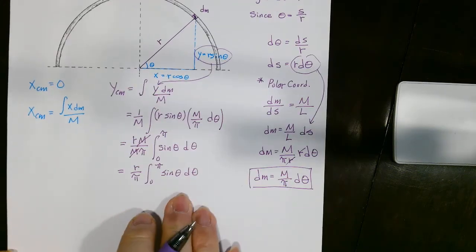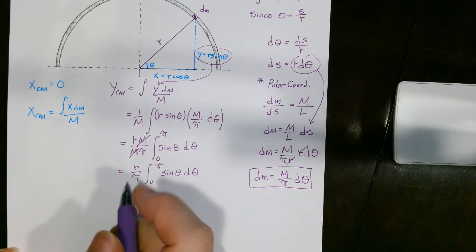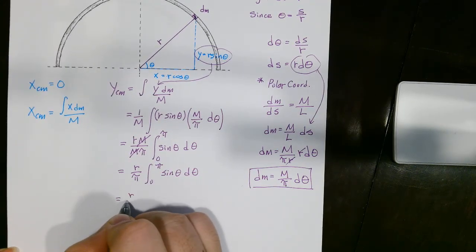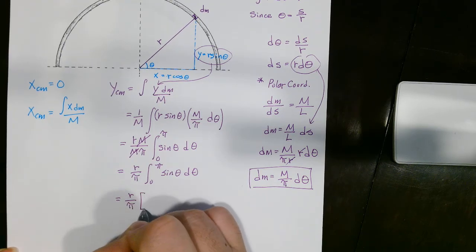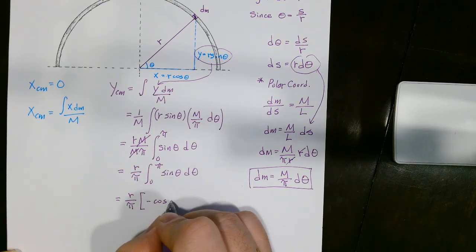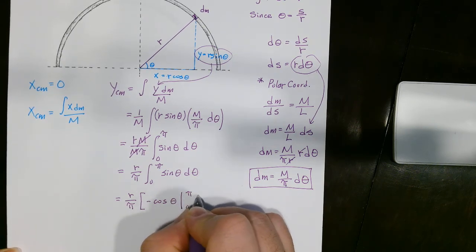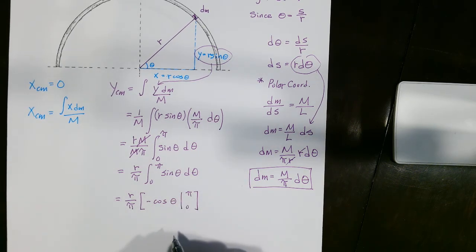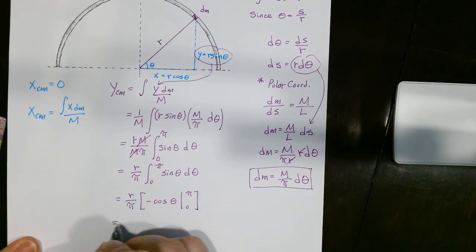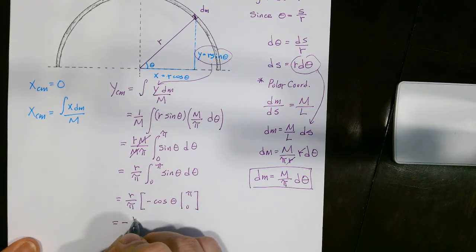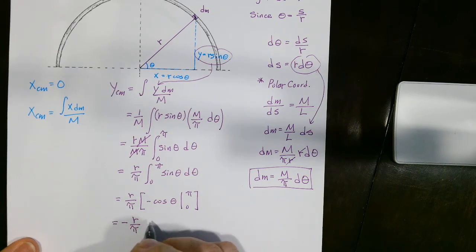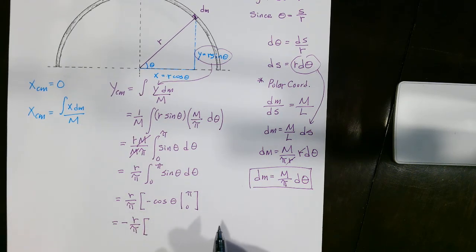We know how to take the integral of sine. It's negative cosine. Therefore, r over pi times negative cosine theta, evaluated from 0 to pi. Let's take that negative sign out: negative r over pi. So what is cosine of pi minus cosine of 0?